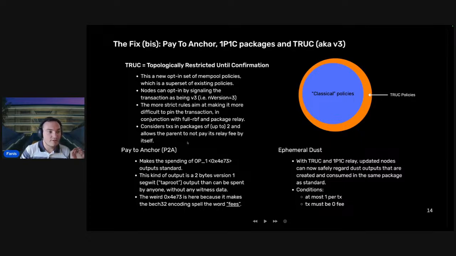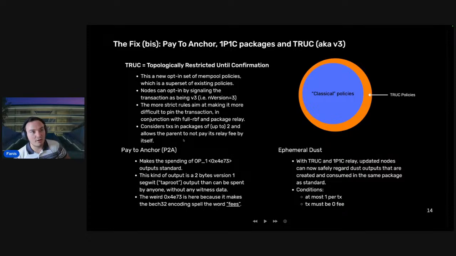So that's basically the next bullet point. And for now, in TRUC, we limit the size of packages to 2 transactions, one parent and one child. That's because it's really much easier to reason about, because you have to be really careful when you start to implement the more generic policies with clusters, so with packages of any size, and so packages of size greater than 2 will come later.